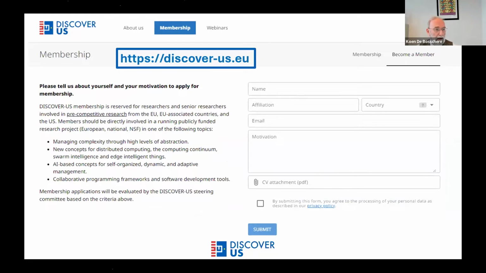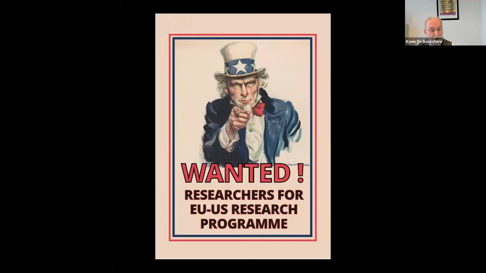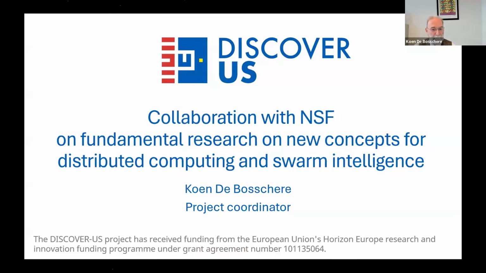And if so, you will get a message that you are from then on an official member of this project. And then you can fill out your profile for the website, and you are all set to participate in this project. So what we want is members who are active researchers for the EU-US research program. So this is what I had to share with you about the project.